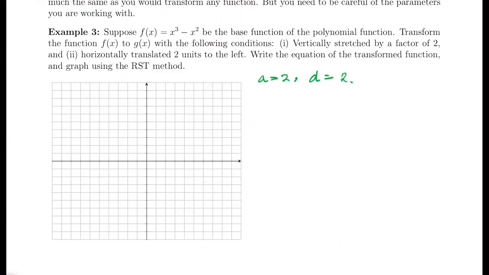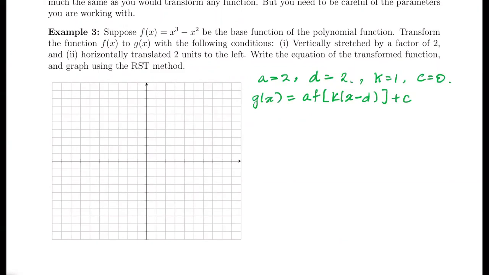So how we would rewrite this is that g of x, if we have a times f of k times (x minus d) and then plus c, well, we also know that k would be equal to 1 and c is equal to 0 because nothing happens to them.